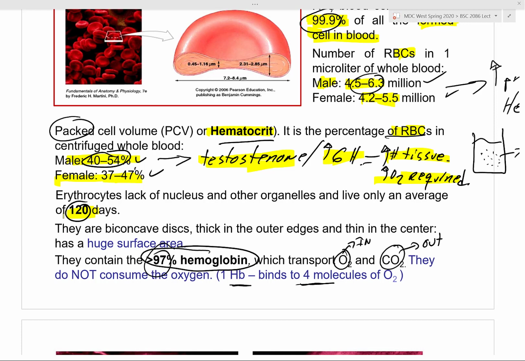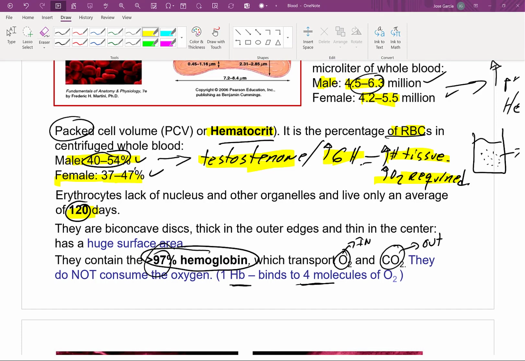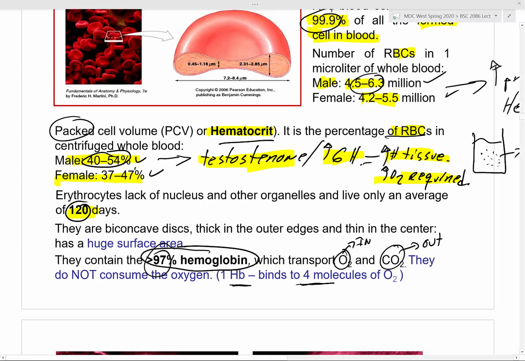Now, red blood cells, one of the main things that I want to point out here is that we use the hemoglobin A1C, which I'm going to talk about later, but you know me, I'm desperate. So what is hemoglobin? Heme is the iron, globin is the protein. So it's an iron bound to a protein that is found inside the red blood cell. Okay?